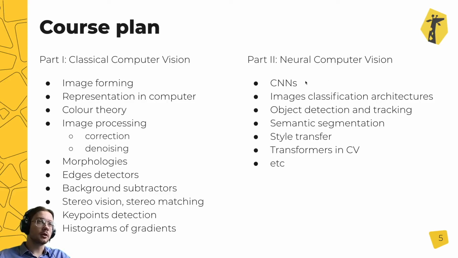Here we will shed some light on CNNs, which I think you are familiar with, and go deeper into different tasks of computer vision, such as image classification, object detection, semantic segmentation, and learn a bit about style transfer. We'll say a couple of words on transformers in computer vision, which nowadays came to this sphere and definitely came to stay.